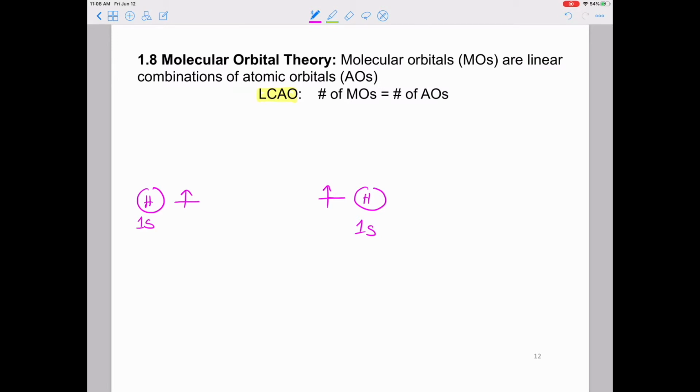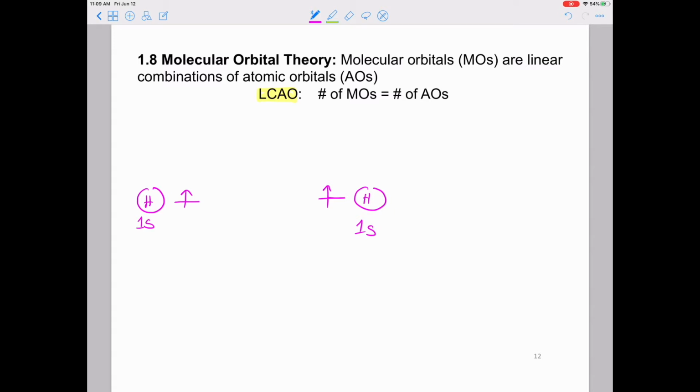Okay, so for the 1s orbital, the phase can either be red or blue, or plus or minus. Okay, so we'll use the algebraic terminology of plus and minus to describe the phase of the orbital. These phases are arbitrary. Okay, so the 1s orbital can either be of the plus phase or the minus phase.